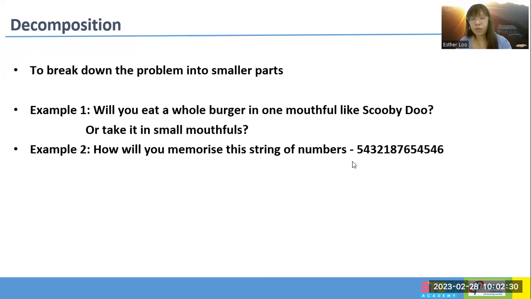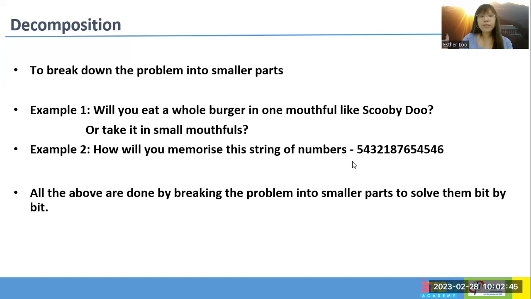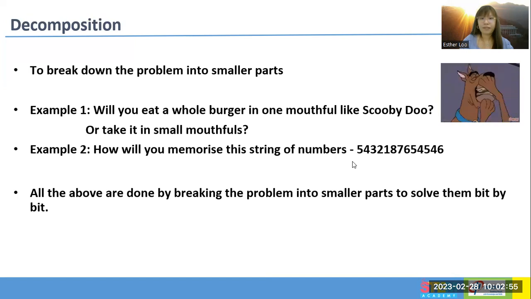You will not just read them in a row, you break it up. Let's say, you can read it like me: 5, 4, 3, 2, 1, 8, 7, 6, 5, 4, 5, 4, 6. All the above are done by breaking the problem into smaller parts to solve them bit by bit. Yeah, the Scooby-Doo.